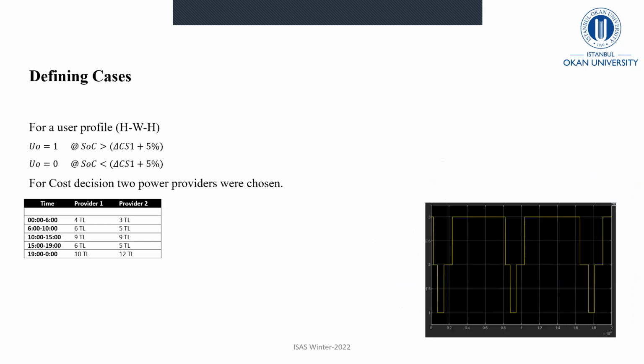Moving forward, this was for user profile as mentioned, and the third case would be for the cost. So when all three cases come to the true condition, this part and this part and this part is basically triggering.